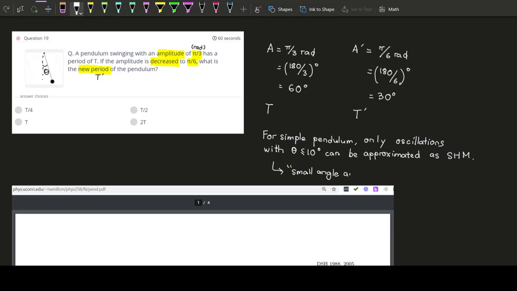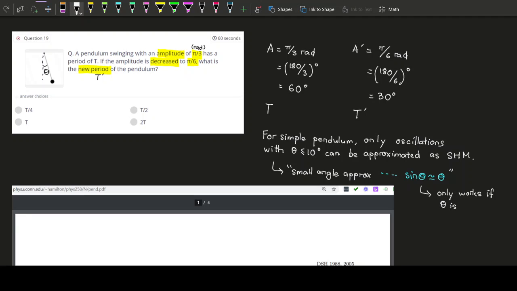What is small angle approximation? Basically, what you do is you treat sine theta to be almost the same as theta. So you substitute sine theta with theta. This only works if theta is small.